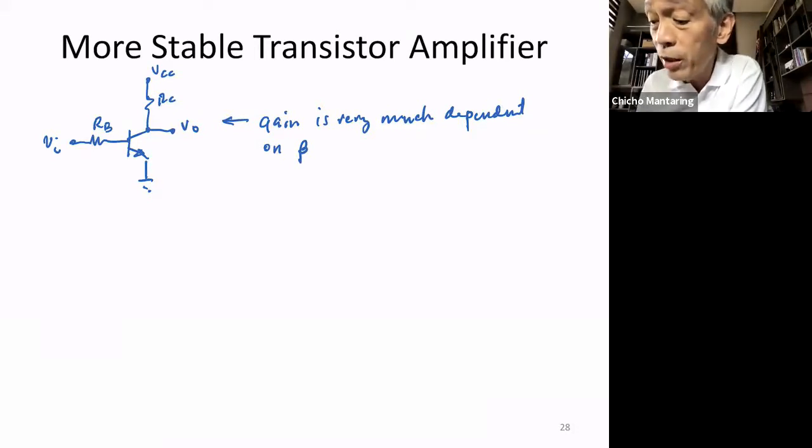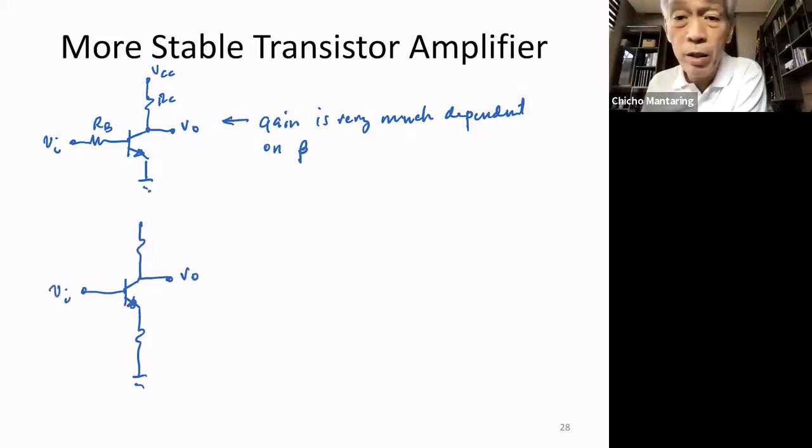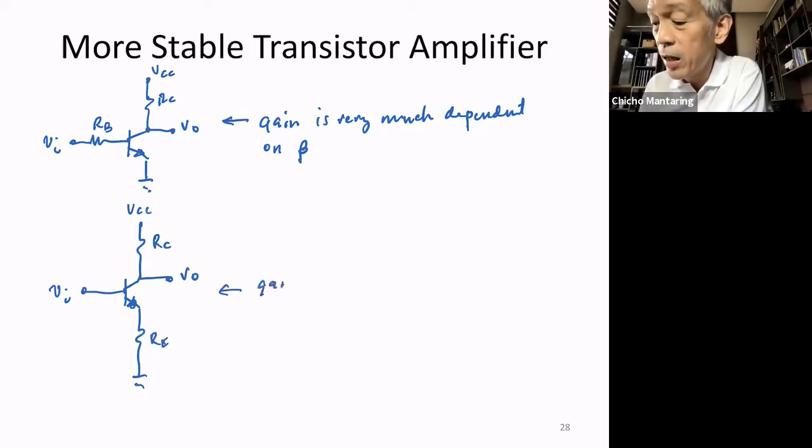Okay, so the solution is very similar to the current source that I showed earlier. You just put a series resistor. And now you can apply your input directly to the base. So the gain will not be that dependent on beta.